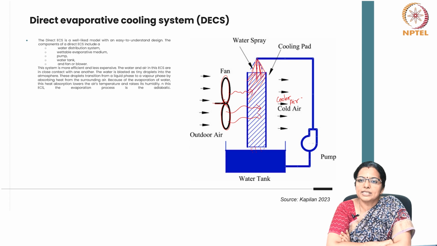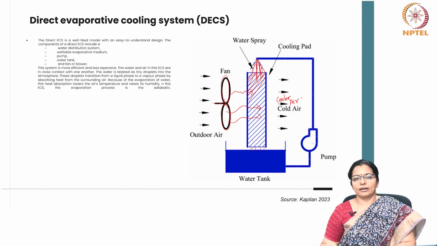This form of ECS is appropriate for both dry and hot areas. In a damp climate, the relative humidity may exceed 80%, which is not good for a building since it may cause rusting of metallic components composed of iron.